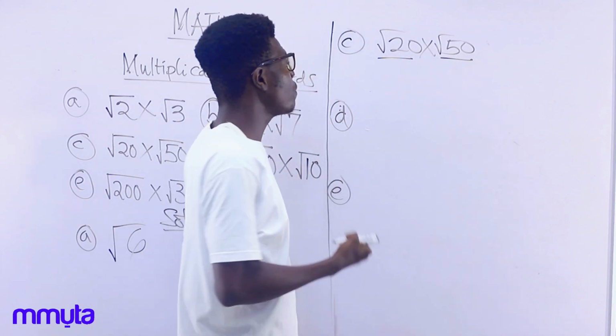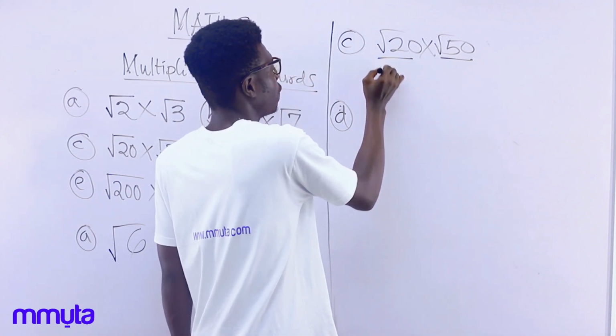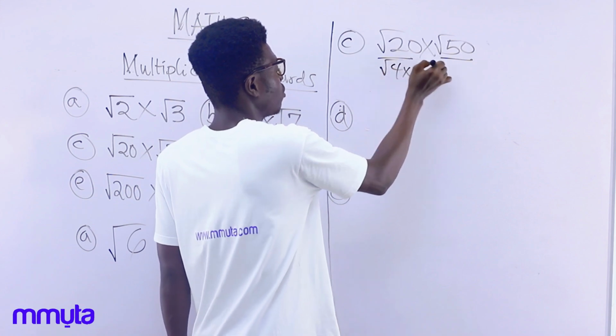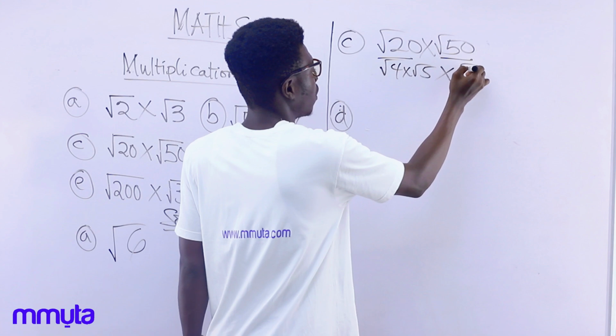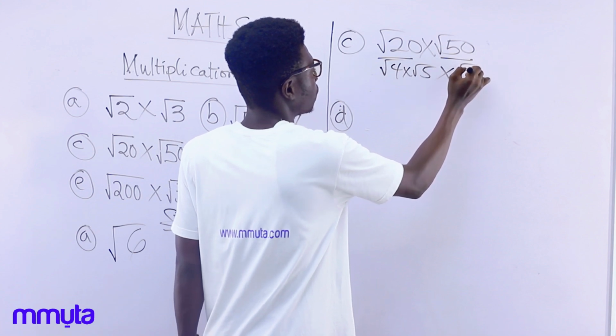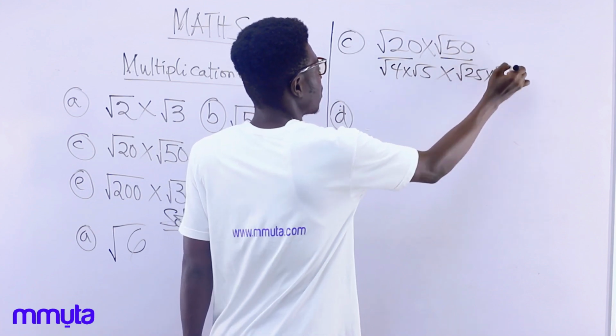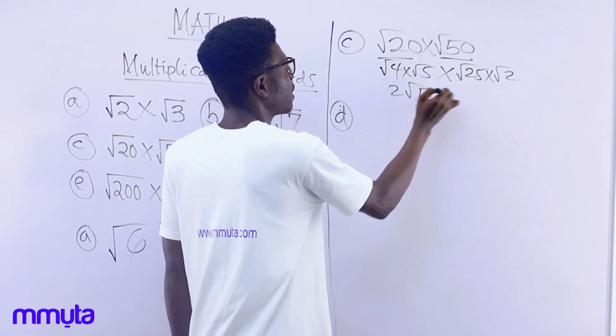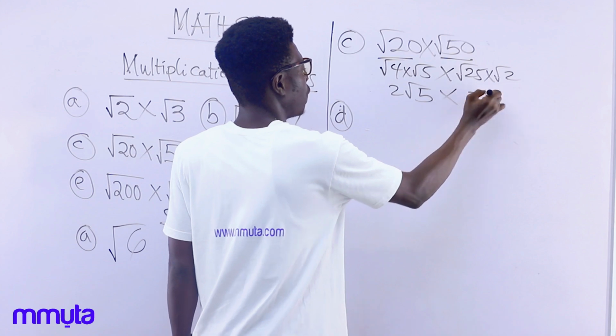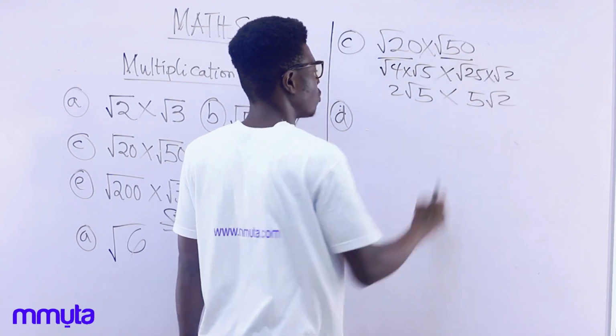Root 20 becomes root of 4 times root of 5, and root 50 becomes root of 25 times root of 2. If we resolve that, we have 2 root 5 times 5 root 2.